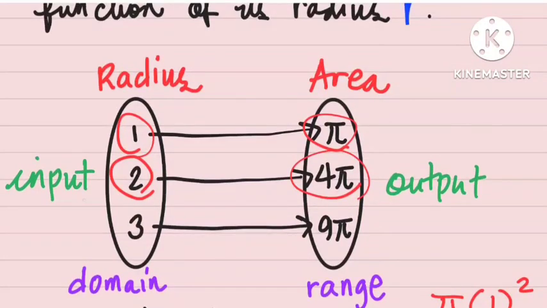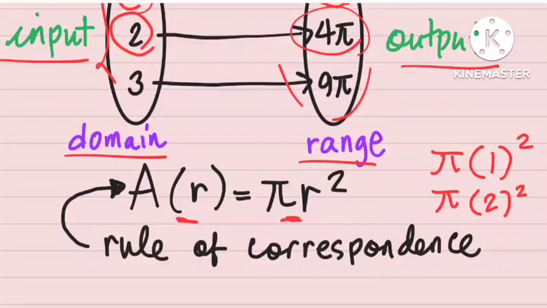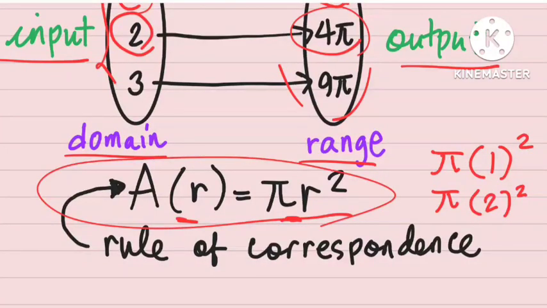You see, when we input, we obtain an output, and our inputs are inside the set we call domain, while the outputs are inside our range. And this is our rule of correspondence. This is our function.